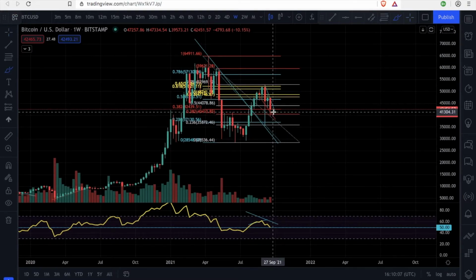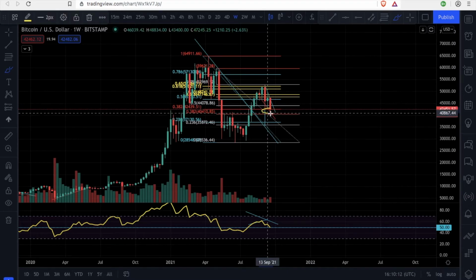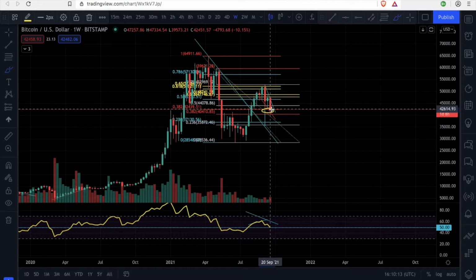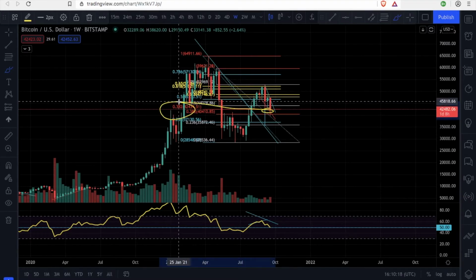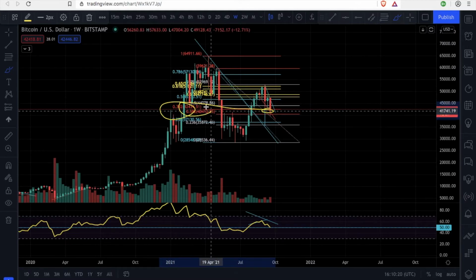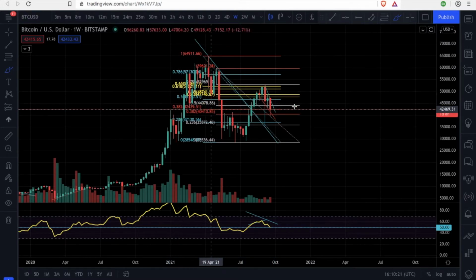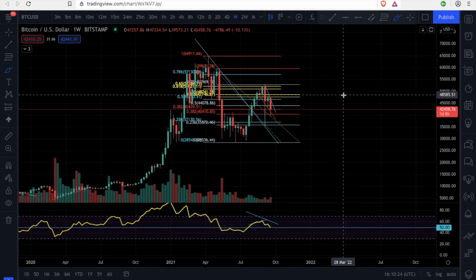In other words, if the Bitcoin price closes a weekly body candle close below this support line around the $42,440 level, which is this 0.382 Fibonacci retracement, then the Bitcoin cycle is over.